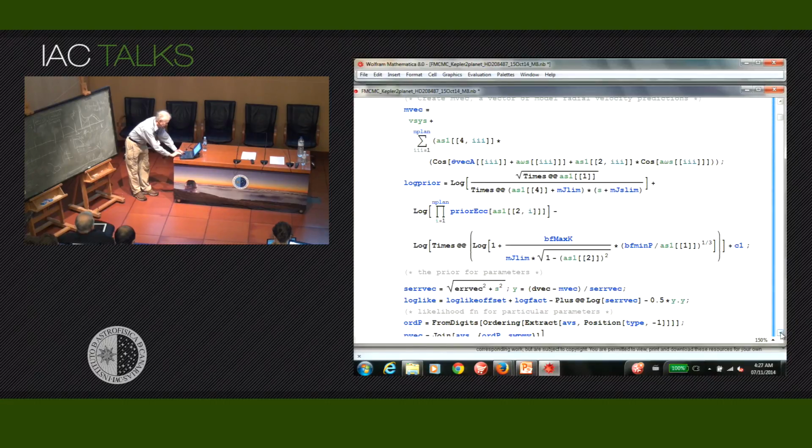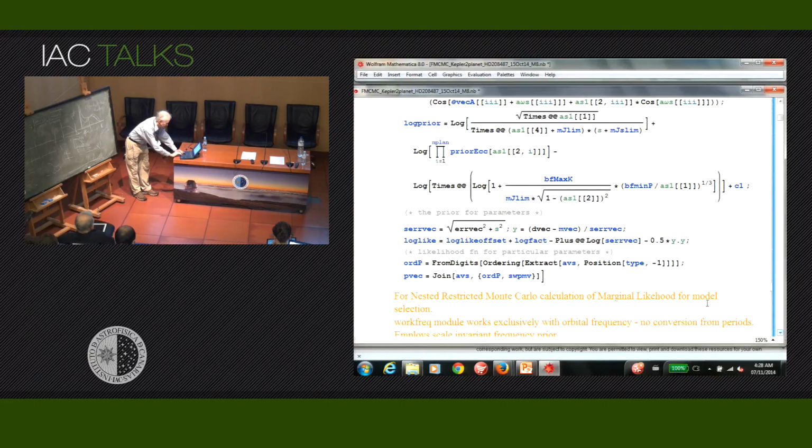There's not much to be said about this, but here's the error vector, and I'm going to calculate the quadratic sum of the error vector and the S parameter, that extra noise parameter. And that's what's going on here. So here's the data minus the model divided by that error vector.